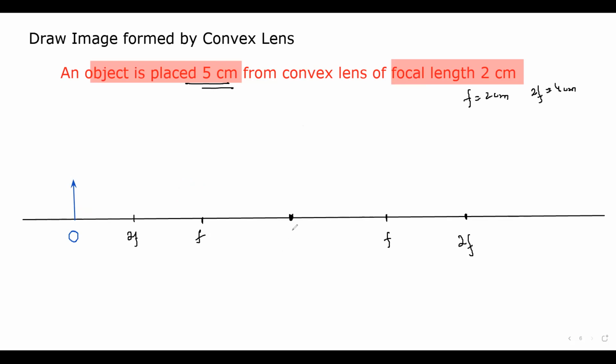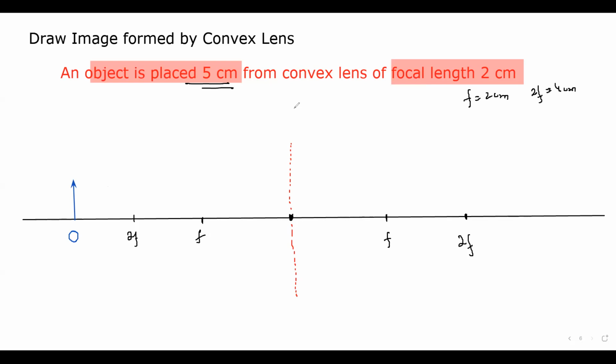For the position of the lens, you will draw a dotted line. This is the position of the lens. Later we'll complete this lens, but draw a dotted line, and always remember the size of the object should be smaller than the size of the lens. Some students make a mistake, they draw a shorter lens, but it should be a longer one.